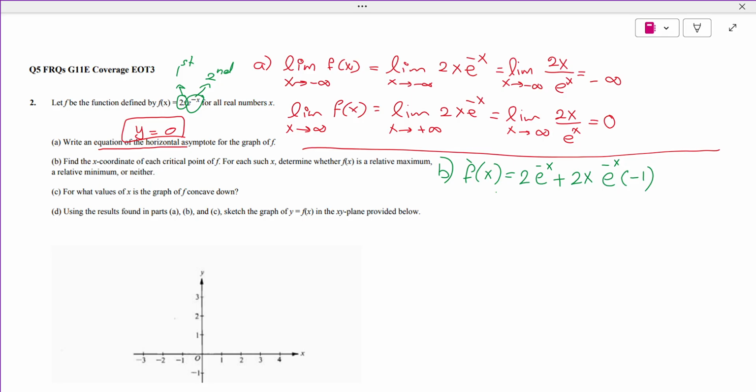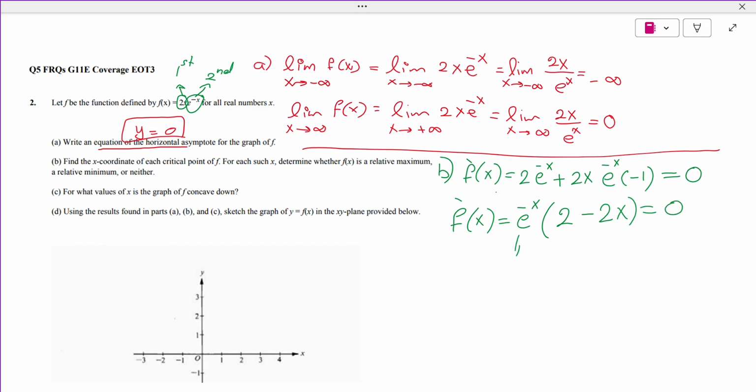Okay, so to find the critical point, you must set it equal to 0. Now let's first rearrange it. We have e to the power of minus x in common, so we can factor it out. That leaves us with 2 minus 2x equals 0.